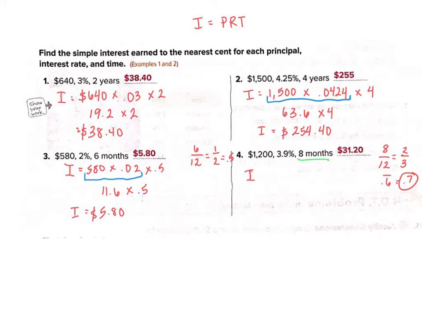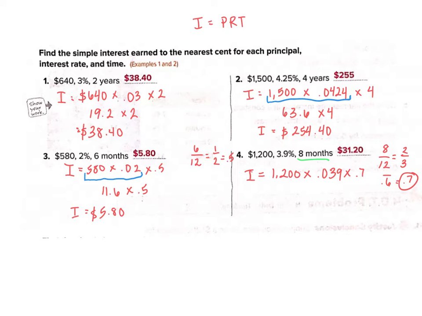Now that we have my months converted into years, the principal was $1,200. The percent was 3.9, so I'll write that as a decimal, 0.039, times the time in years, which was the 0.7 that we found.